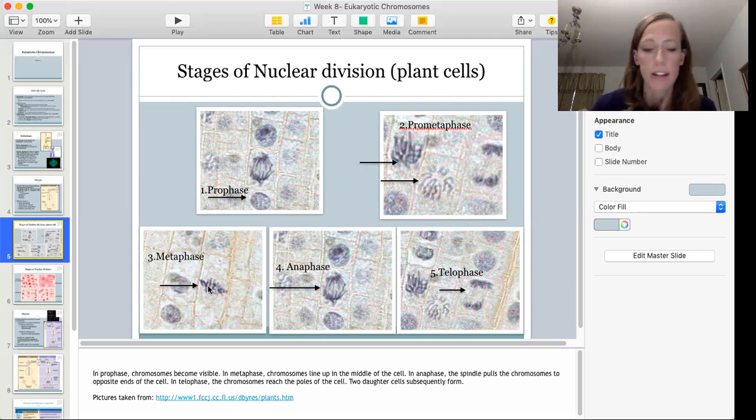Metaphase, I had said, is when you start to see the chromosomes line up at the metaphase plate in the center. And that's exactly what's happening in this picture here. Okay, you can see they're moving to the center. And then just after that, in anaphase, the sister chromatids are now their own individual chromosomes. They've been pulled apart, and you can see they're moving to the poles.